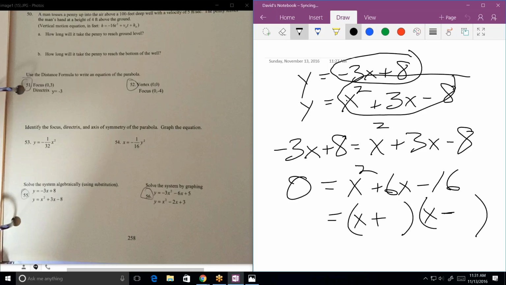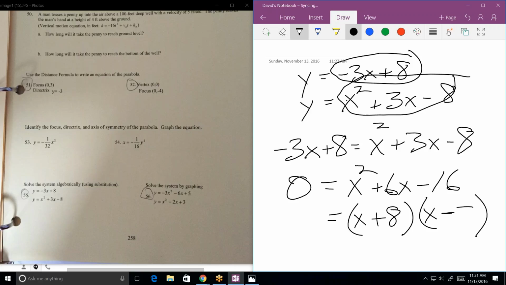Factors of 16 that subtract, because of that negative sign, to the coefficient of the x term. So factors of 16 that subtract to the number 6. Now what two factors of 16 subtract to the number 6? 8 and 2. Okay. The bigger of those factors goes with which sign? The plus. Yeah, the sign of the middle term.